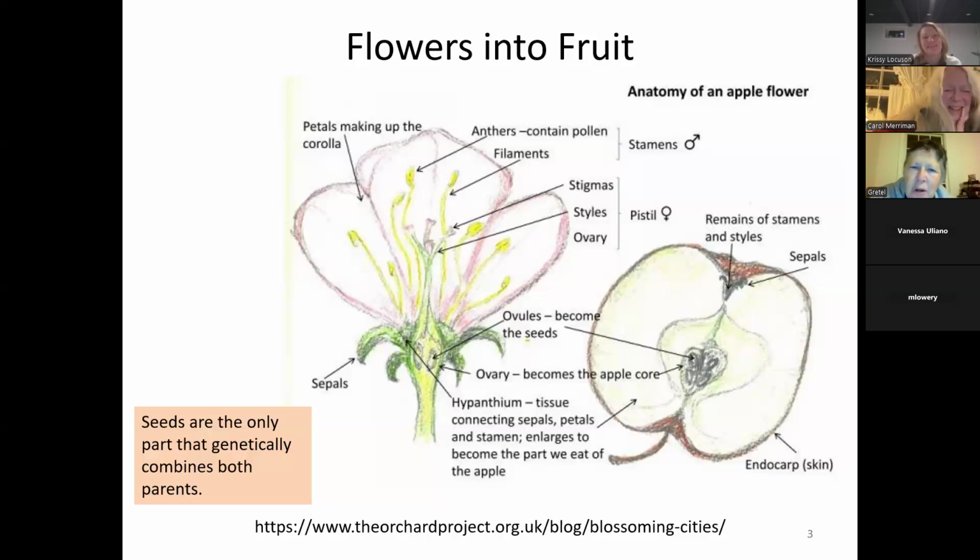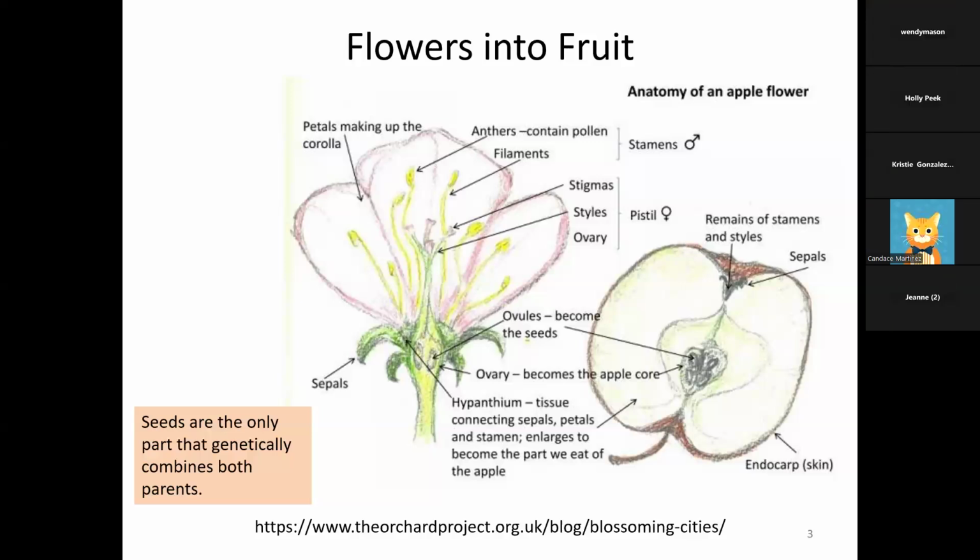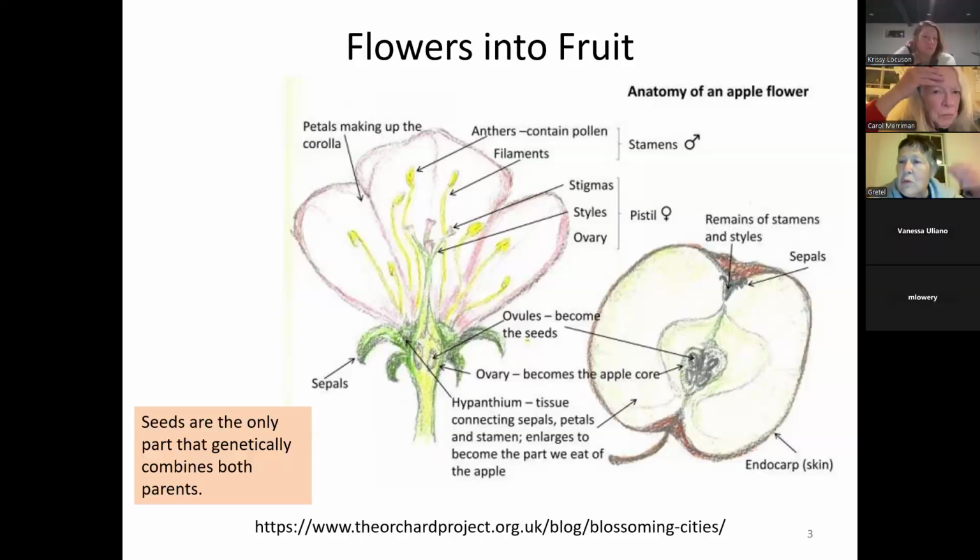The point of showing you this is in part just because it's cool, but in part when you look at how the fruit develops, the only thing that is a genetic mix of the pollen and the egg are the seeds. The core, the core was the ovary, all off the mom. The hypanthium, all off the mom.